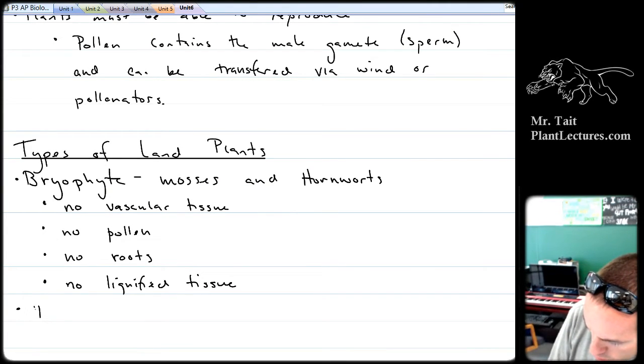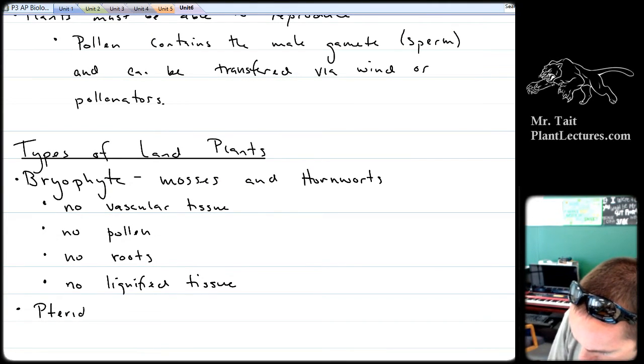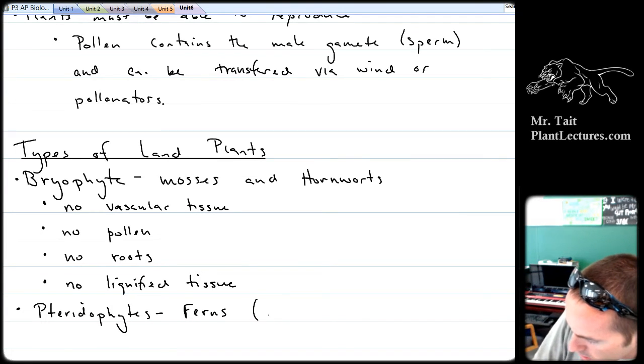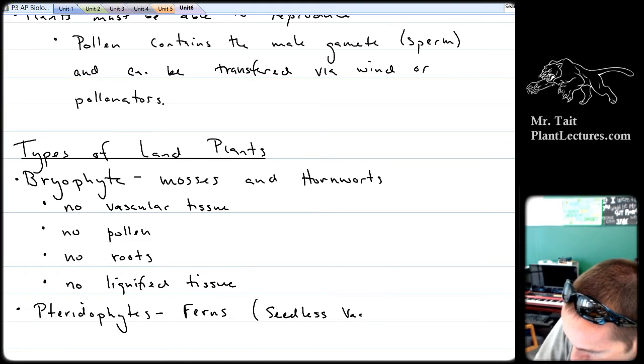They're called pteridophytes. Ferns are often called seedless vascular plants.